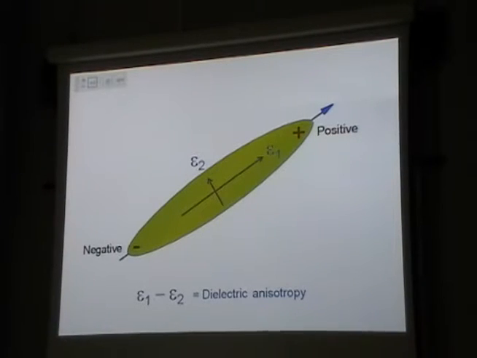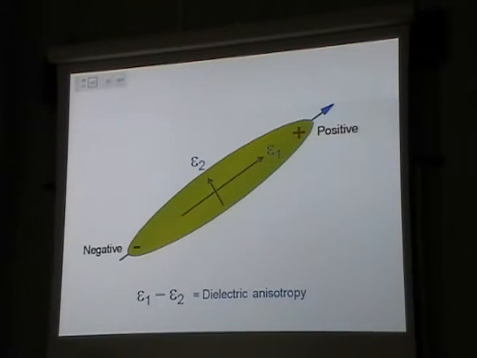Once again, we don't need to know much about the molecule. In fact, I don't need to know what these permittivities are. I've just put them in to show that they're there. And they don't have to be long axis, short axis, they can be different magnitudes to each other. What I want to know is roughly what is the polarity of the molecule in terms of its charge properties.